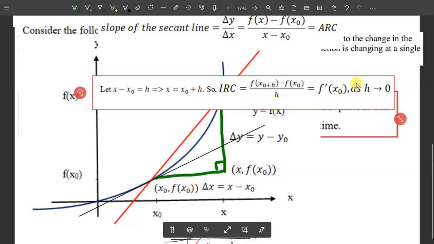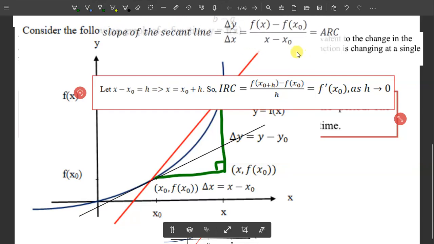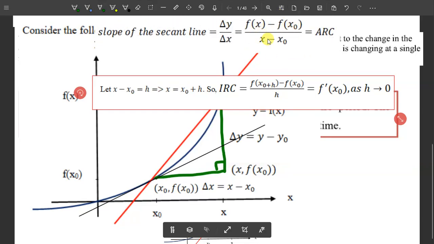But as h approaches 0, which means as this red line, after pulling, becomes this black one, touching only at a single point, then the slope of the second line will be changed into what we call the slope of the tangent line as h approaches 0.